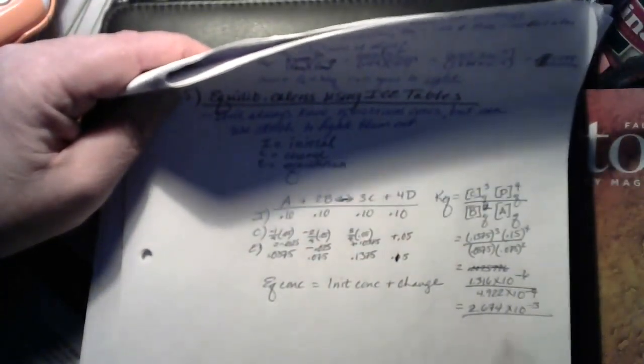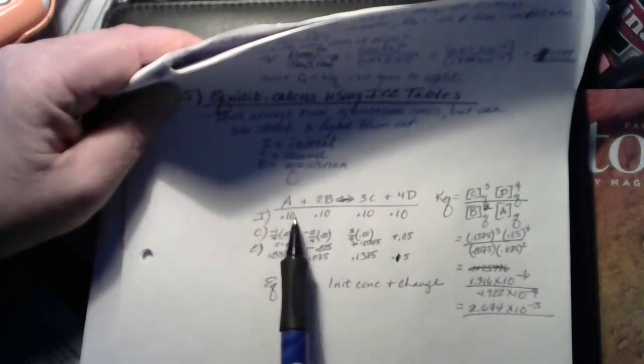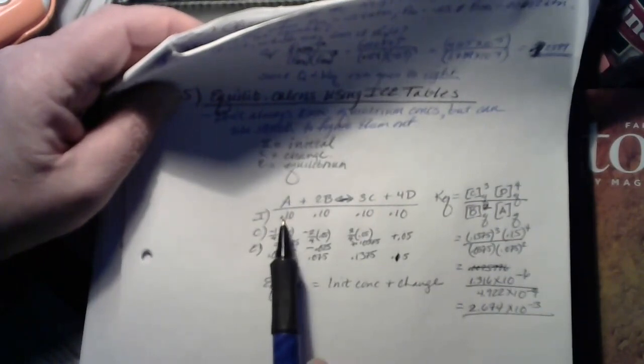And that would be your Keq. Oops, sorry, someone went off the screen. So there's your Keq, and that's how you can find it in a situation. There are other situations that we'll encounter, but this is one of them, where you know the initial concentrations, but you only know the equilibrium concentration for one thing.